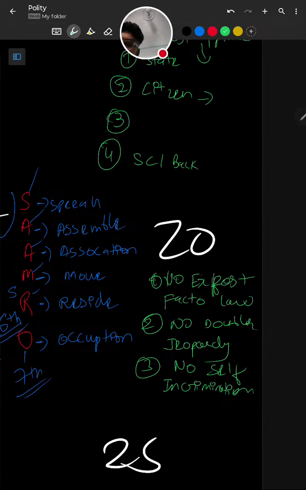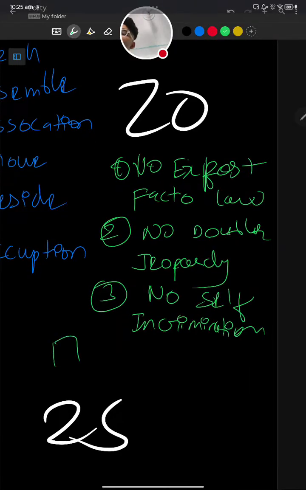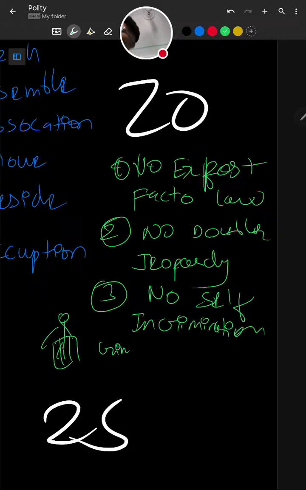Then no self incrimination means you can't give testimony against yourself. Like you are in court, you can't be made to talk on your own behalf in a criminal case. You can do that if it is not a criminal case. That's the only difference here.